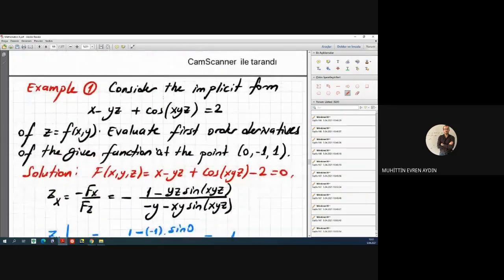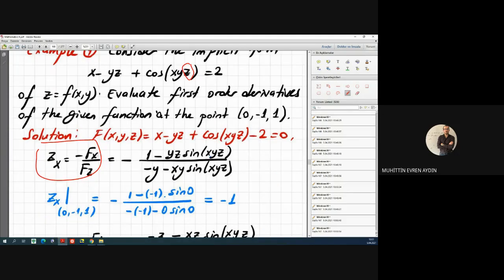Okay. As you can see, the function z is not given in explicit form. So, to take derivative, we have to use the implicit derivative rules. Namely, first we have to take derivative of f with respect to x and z, and we replace the values in this formula.